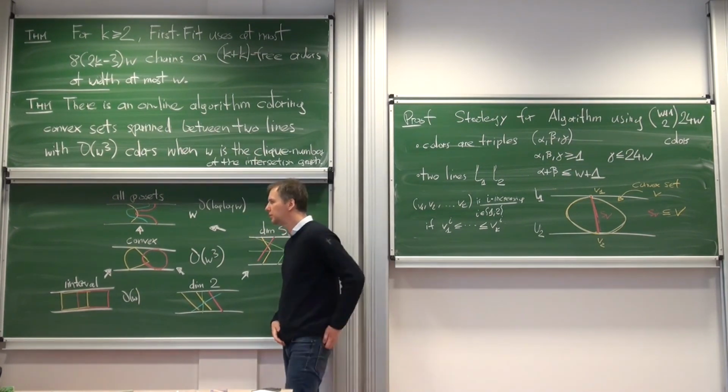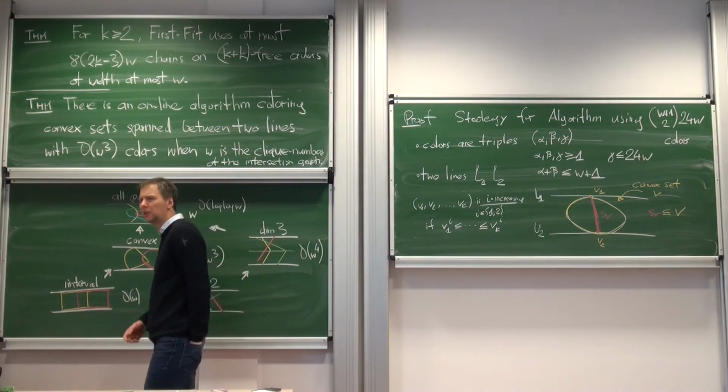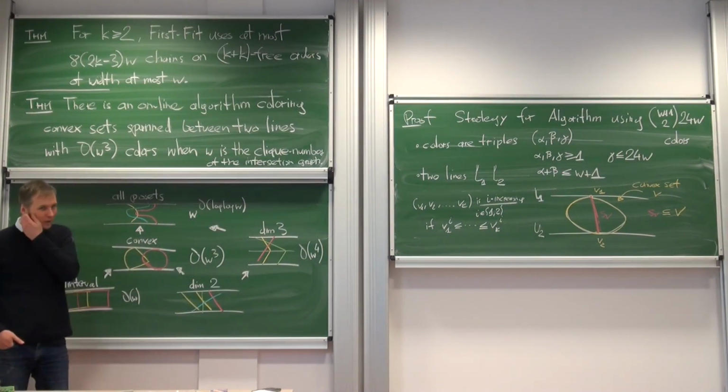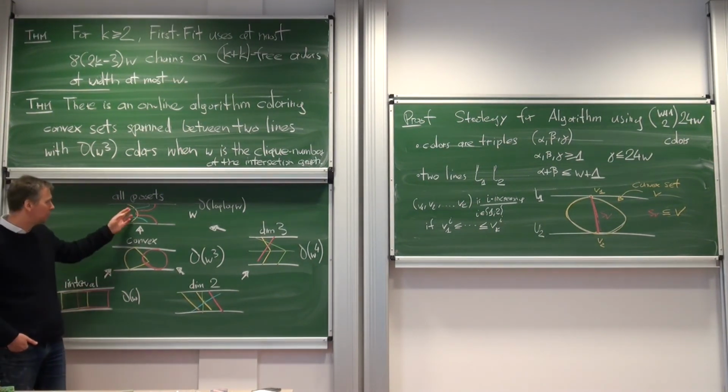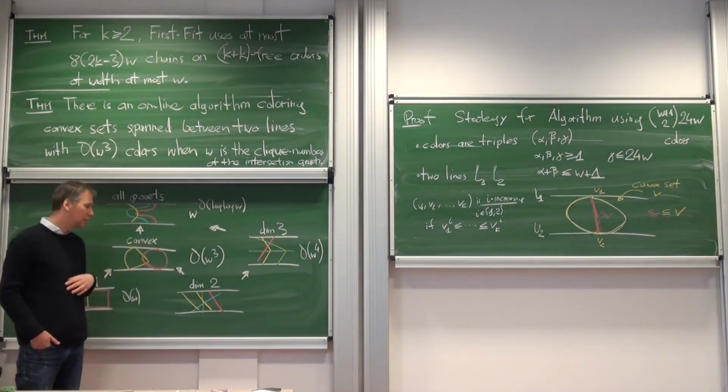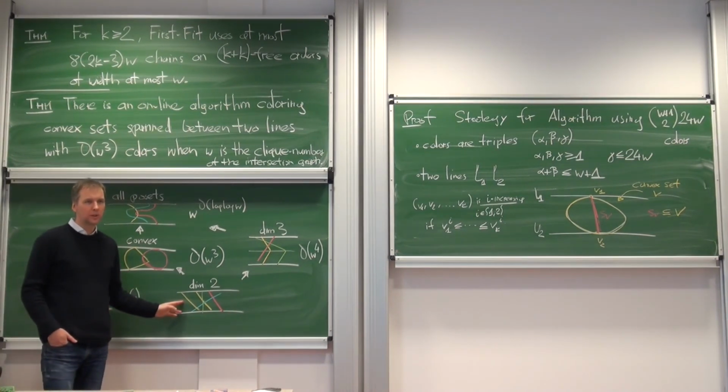So we know that incomparability graphs of posets are represented by intersections of curves spanned between two lines. And special classes of posets have nice curves, like two-dimensional posets are represented just with segments.